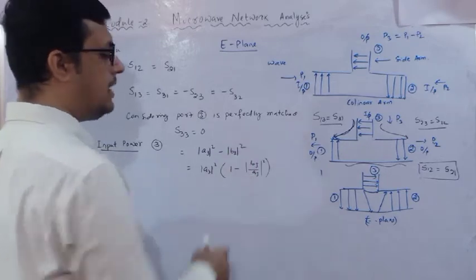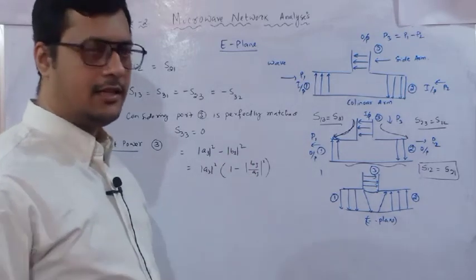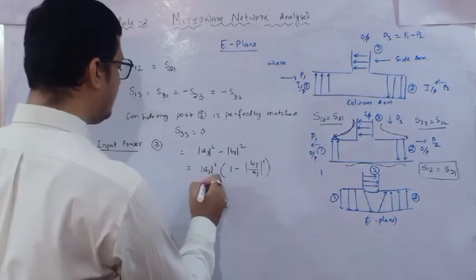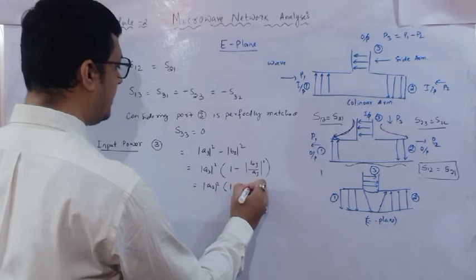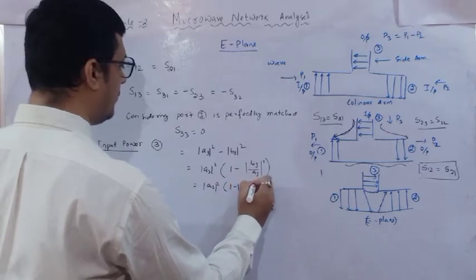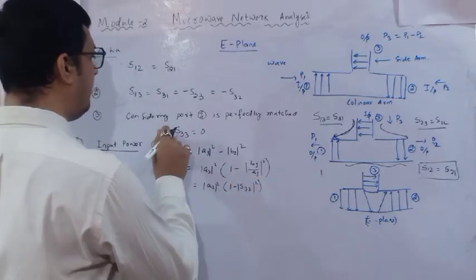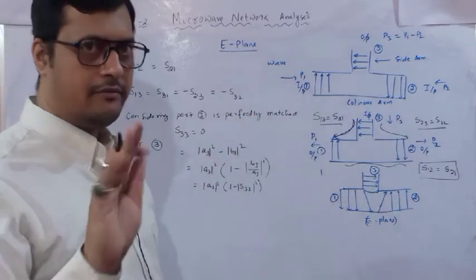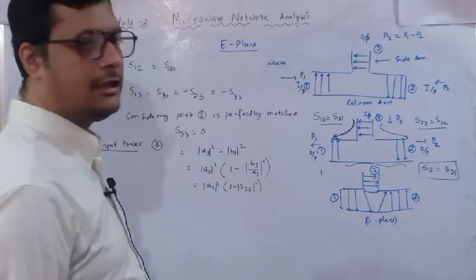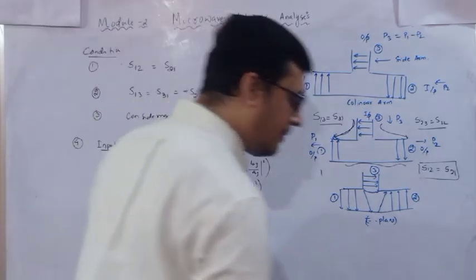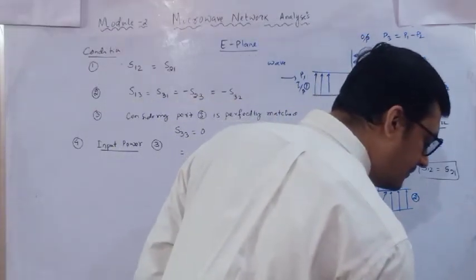So B3 by A3 is nothing but S33. So it is 1 minus S33 whole square. For the time being, we are not considering this perfect matching. We will consider it later on. But first we will identify this relation. So input power is provided. Done.